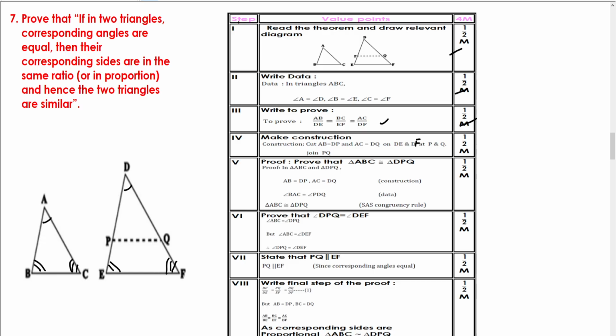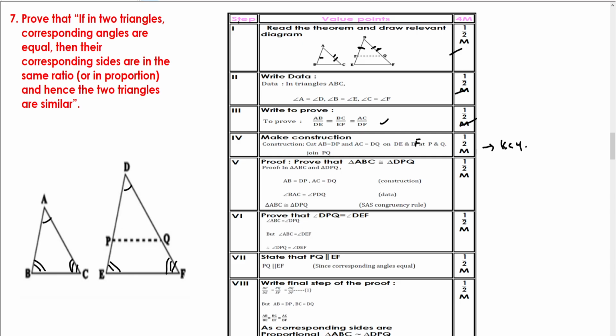Now you have to make the construction. This is a very important key concept. This is the key step. You have to learn this carefully. The construction is you have to cut AB equal to DP and DQ equal to AC. You have to cut, right?